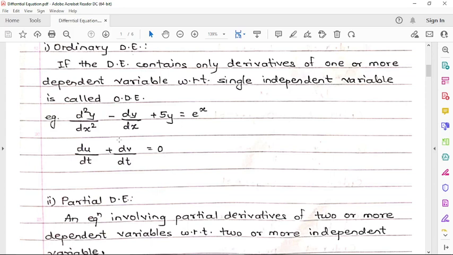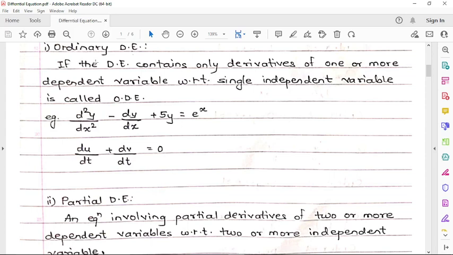So two dependent variables are present, but how many independent variables are present? Only one, that is t. So what can we conclude? We can conclude that an ordinary differential equation contains only one independent variable.